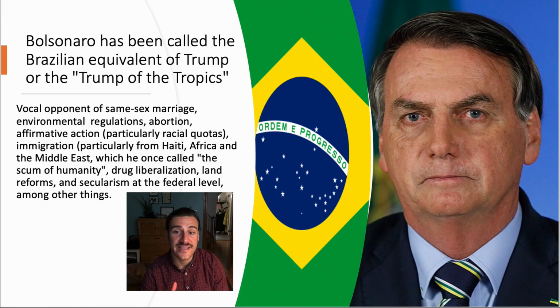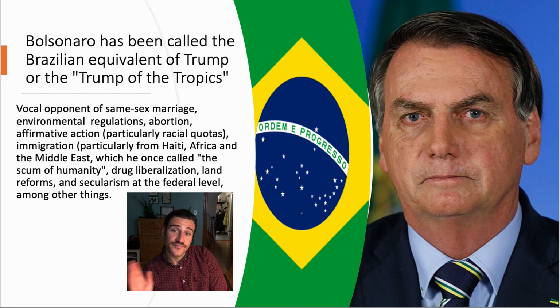So in 2018, this Brazilian, his name is Bolsonaro, was elected the president of Brazil, and he has many similar motives to President Trump. Now, President Trump is about to be removed from the White House, thankfully, for many reasons.